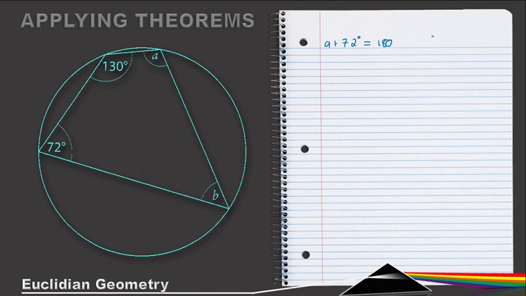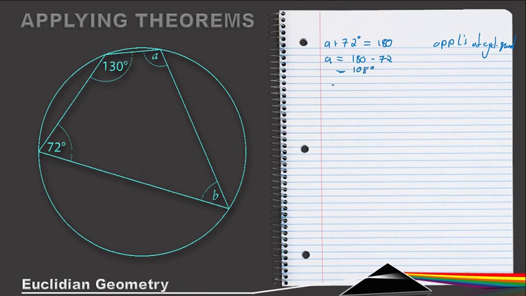And our reason, therefore, is opposite angles of a cyclic quad. And then A is equal to 180 minus 72, and this will then equal 108 degrees.